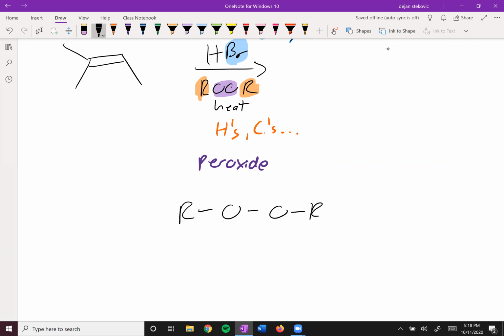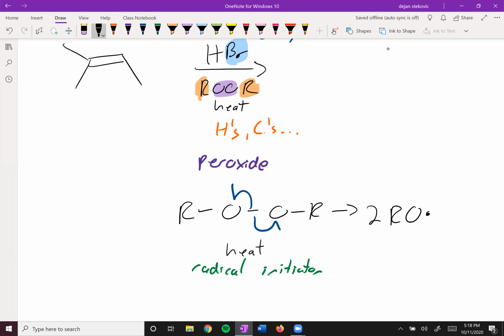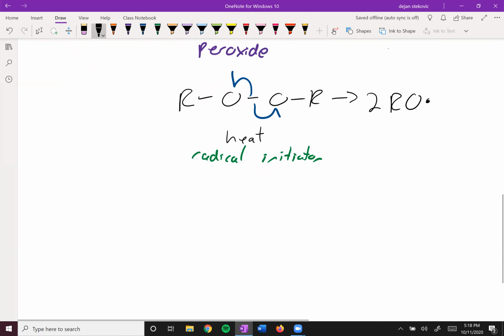With the addition of heat, it will undergo homolytic cleavage. This is what's known as a radical initiator, because it's going to start making some radicals. So you heat this up, it's going to homolytically cleave into two radicals, and this is going to be the basis of our mechanism here.